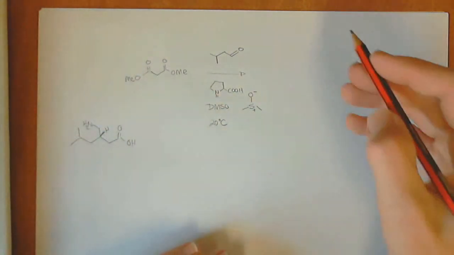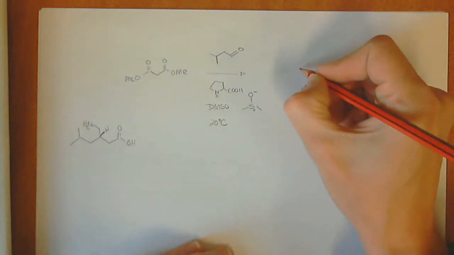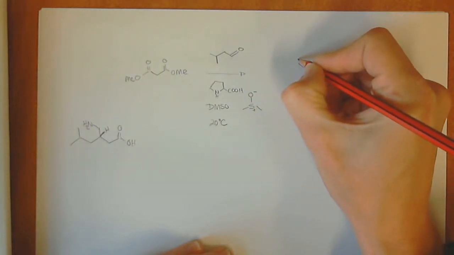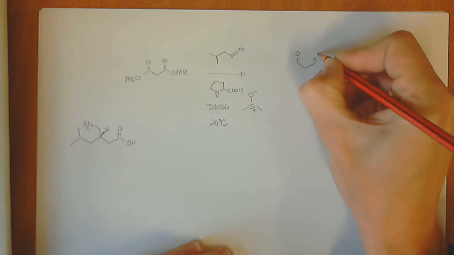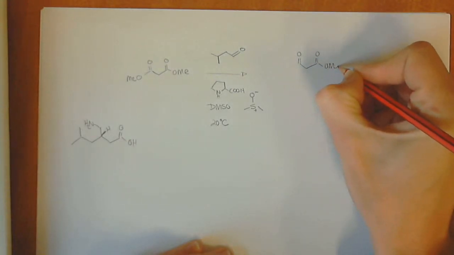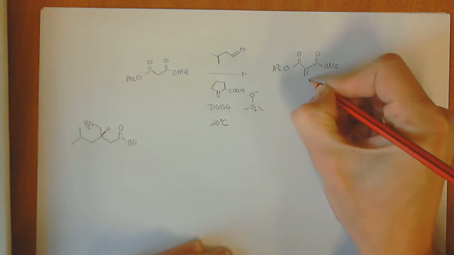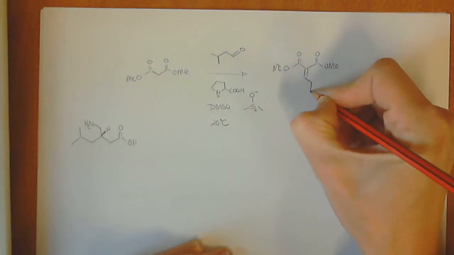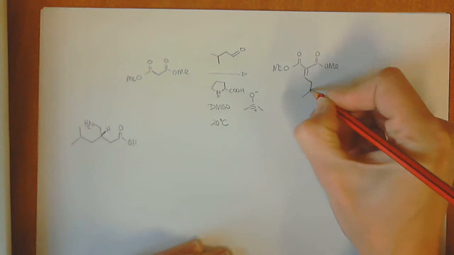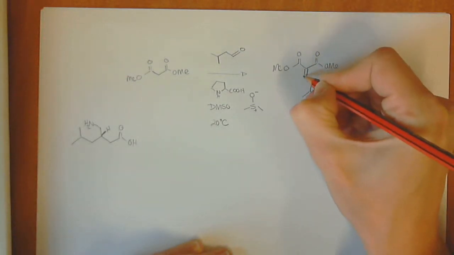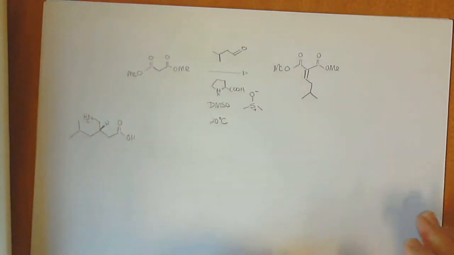It's not the whole process, but the product that we get out of this will look like this, because it's a typical aldol condensation. The only thing we need to be aware of, which is slightly different, is the mechanism.